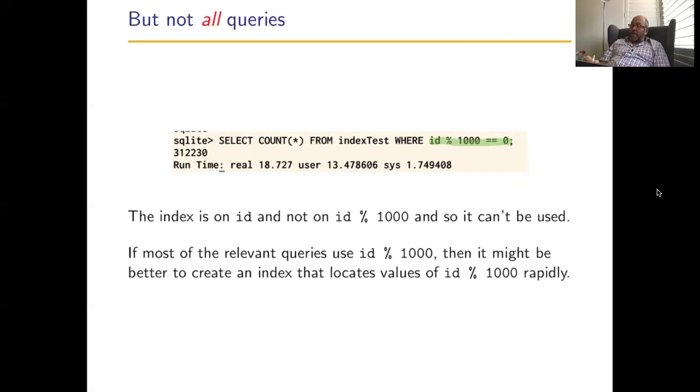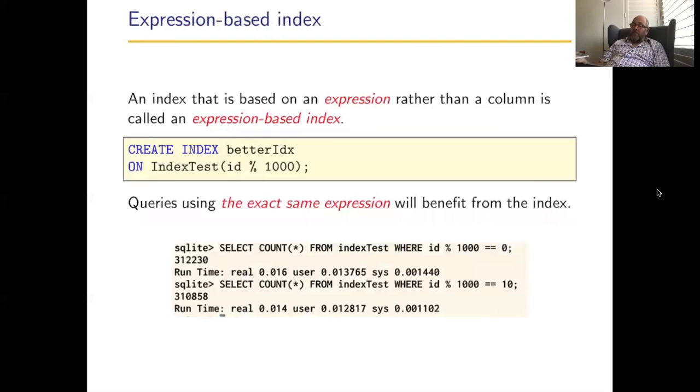Well, if you discover that almost always when you're doing the queries, you actually use just the last 3 digits of ID, then of course you would say to yourself, I don't care about an index on ID itself. What I care about is an index that locates values of ID % 1000 very quickly. And of course, SQLite allows you to do that because instead of the name of a column for your index, you can use an expression involving the column.